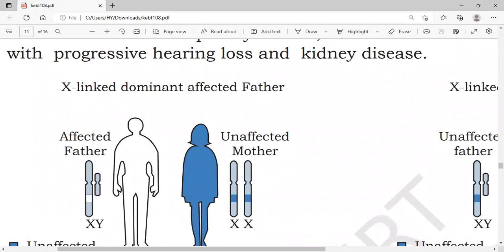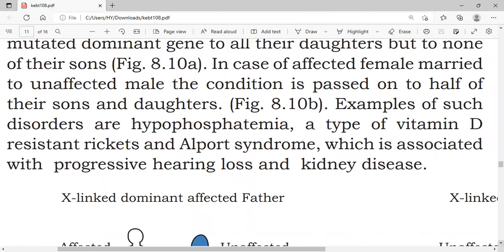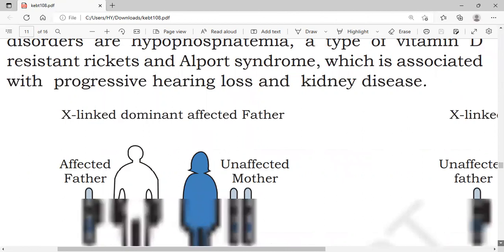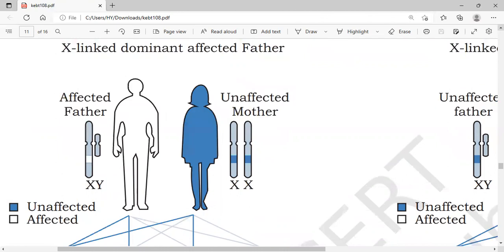So the diagram is shown here with Alport syndrome. X-linked dominant, affected father, unaffected mother.